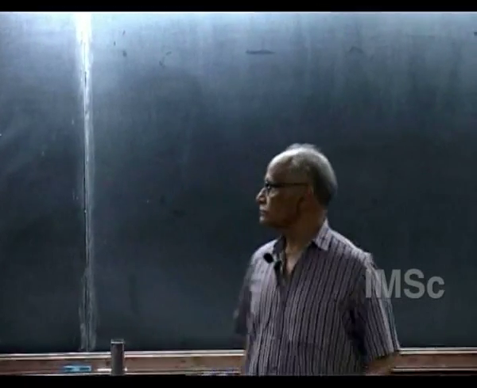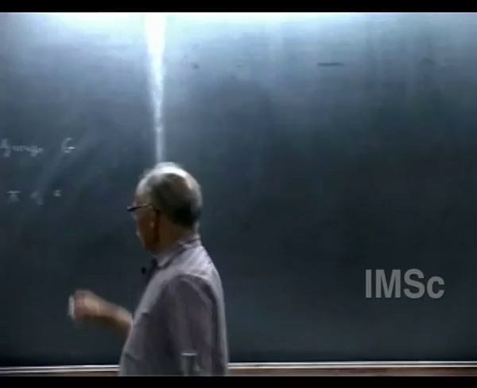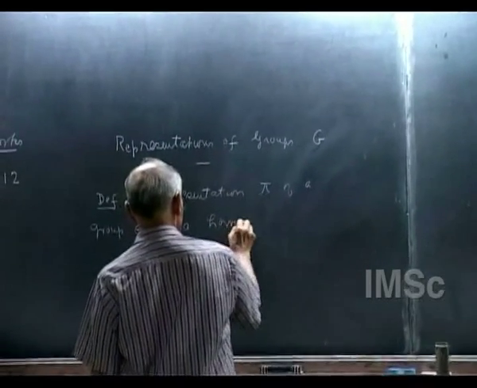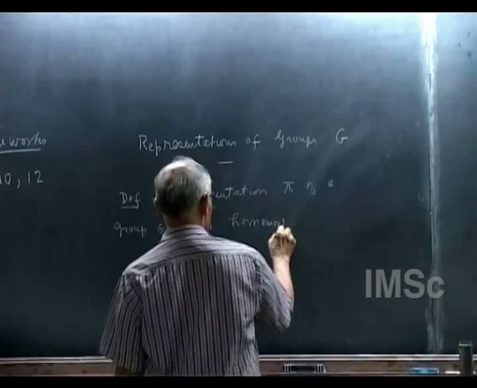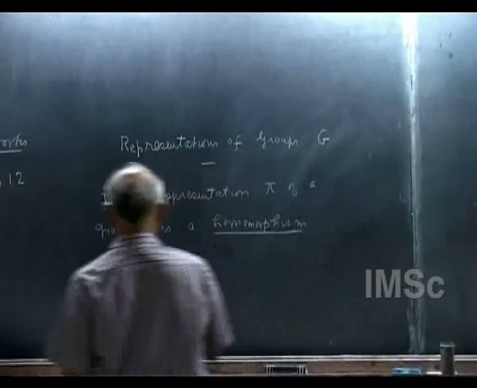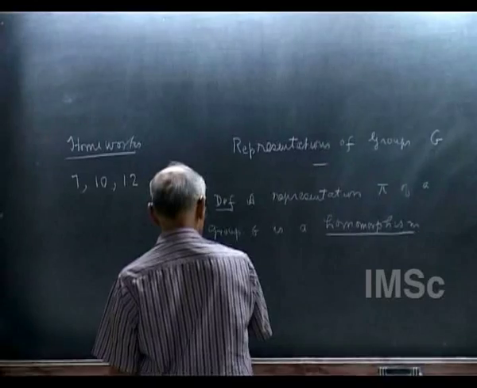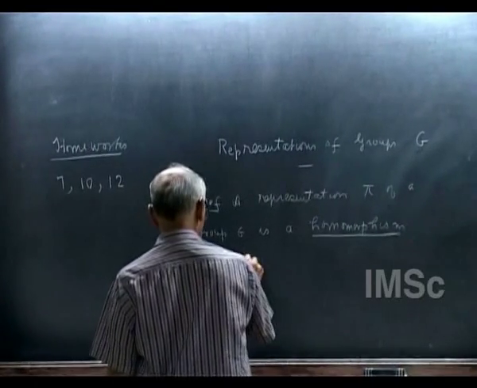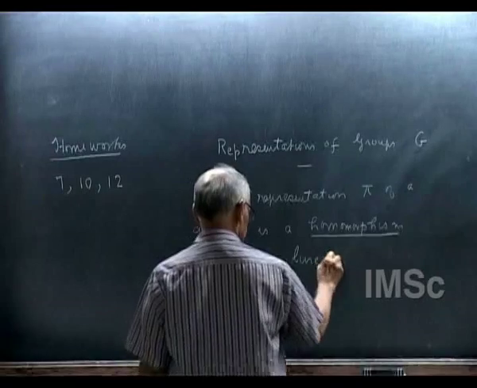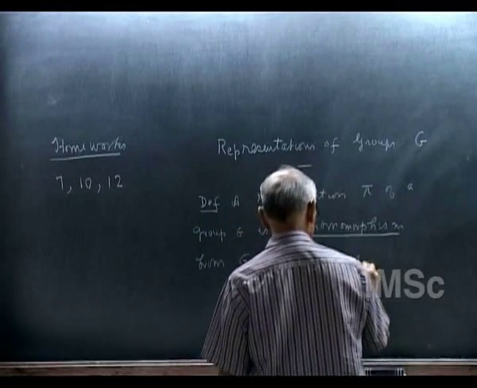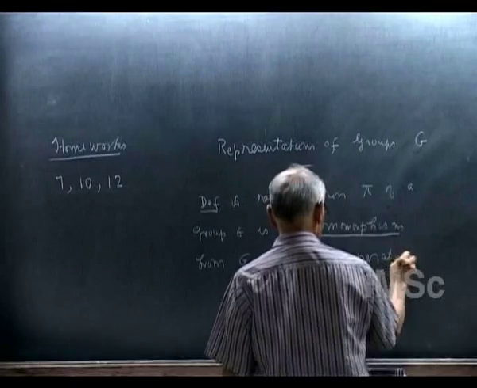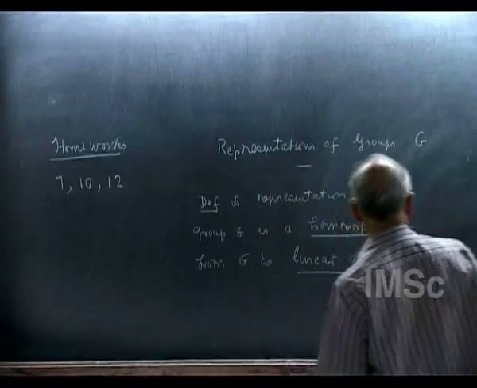So here, a representation pi of a group G is a homomorphism. There are 2 things here. It's not just a map from G to linear operators on a vector space.